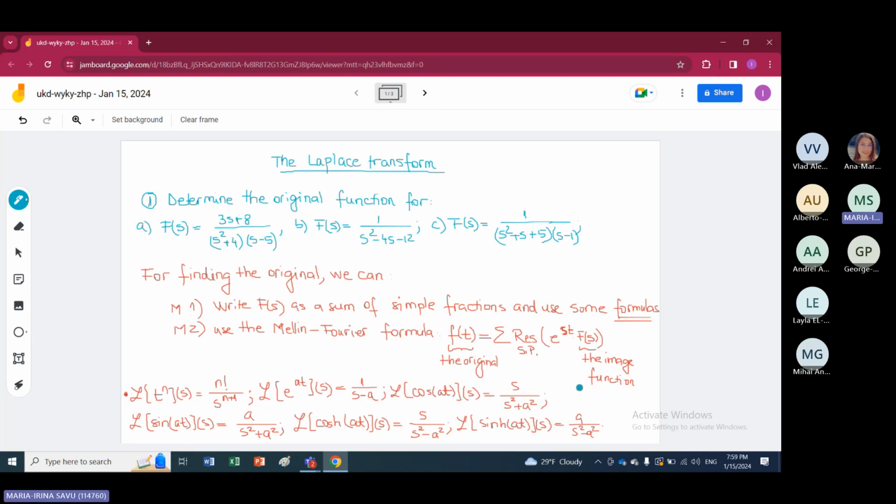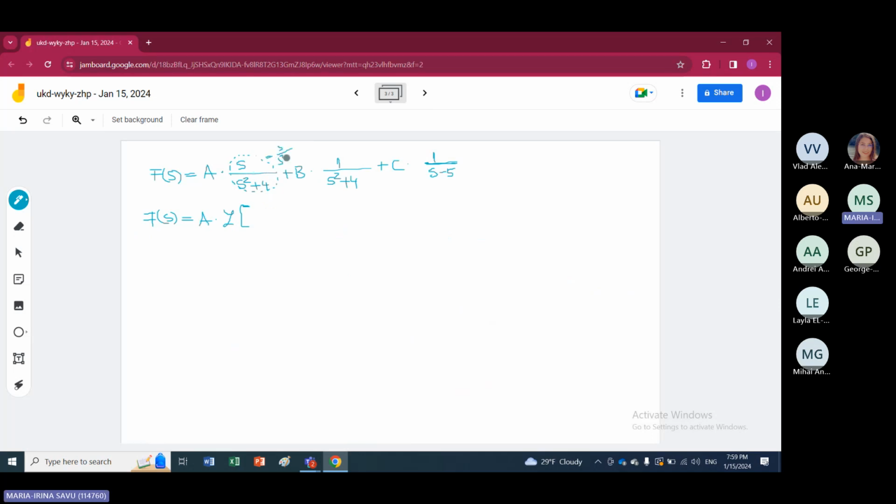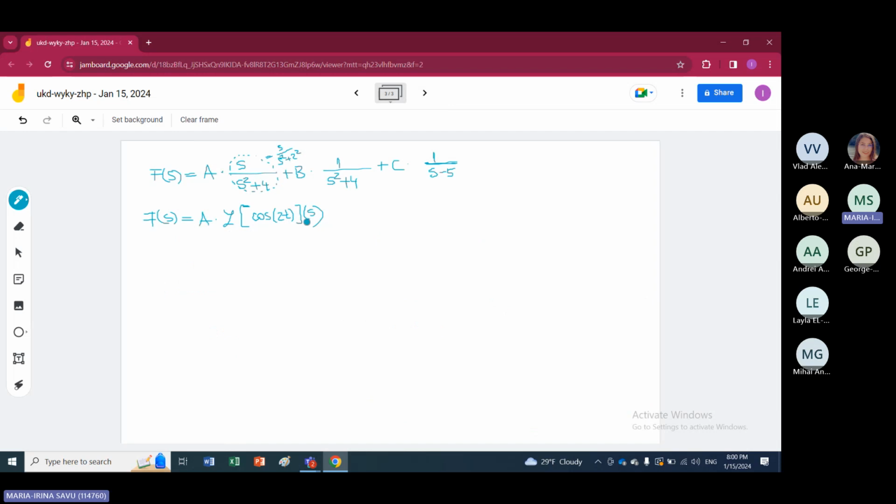You have what function in your case? a squared is 4. Okay, so this is actually s over s squared plus 2 squared. So it means that you have Laplace of cosine of 2t computed in s. Okay, because if you take a look at this formula and replace a by 2, you get s over s squared plus 4, which is your function from here.